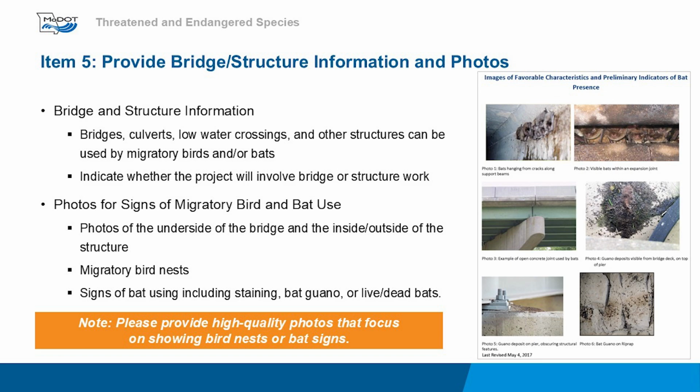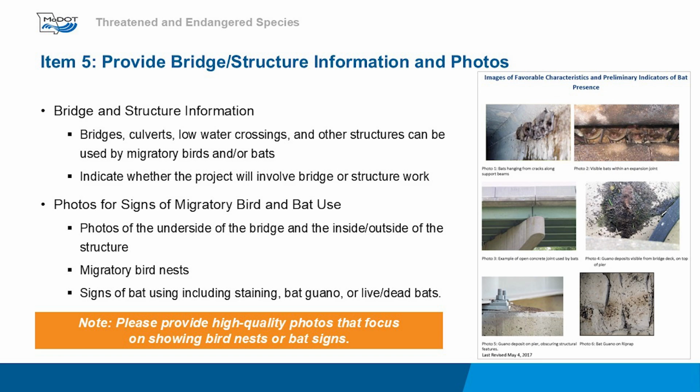If your project involves bridge or structure work, you will need to complete a field visit to inspect the structures. Check areas of bridges where birds could be nesting, such as pier caps and tops of piers, overhanging edges, between girders, and the trusses and substructure of the bridge.